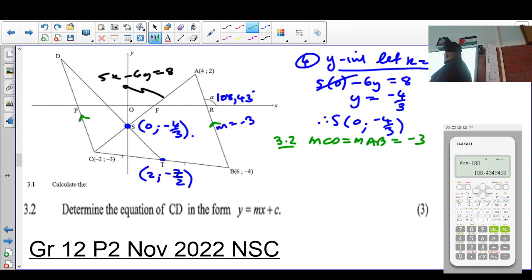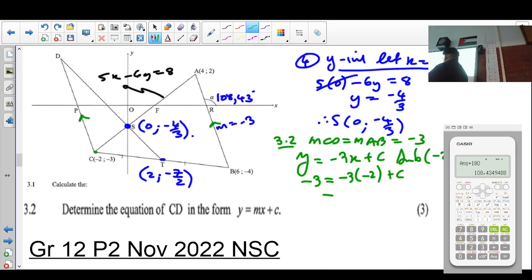Okay, so what do we say now? y is equal to negative 3x plus c. Now we need a point on the line CD, which we do have, C. So you substitute C, which is (-2, -3). So it's negative 3 is equal to negative 3 times negative 2 plus c. So that is positive 6.